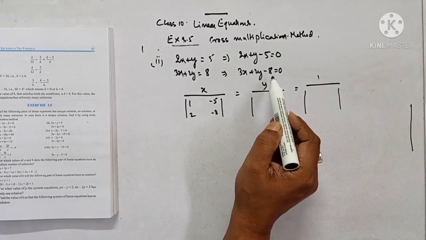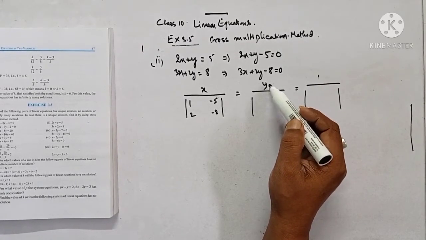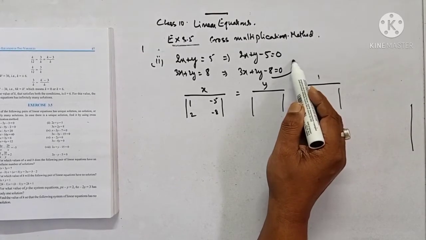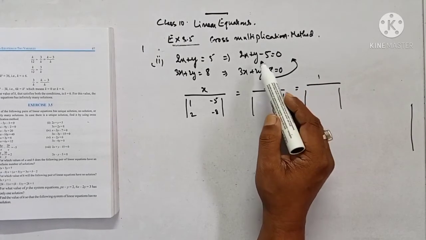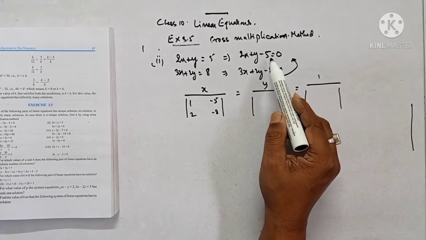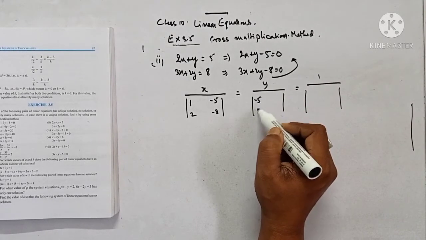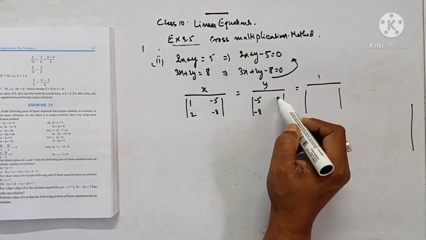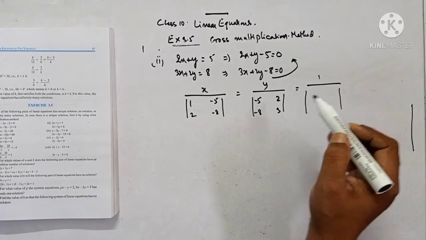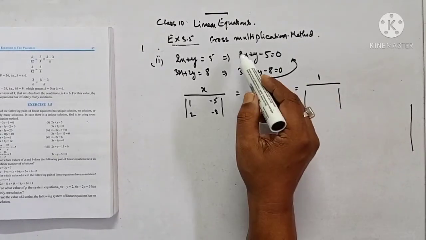And again when we write y, we move in anti-clockwise direction. While writing y, x is removed. So c1 and c2, minus 5 minus 8, and then a1 a2, 2 3, and while writing 1, this c1 c2 is removed.